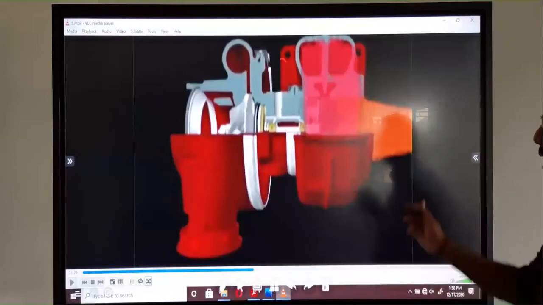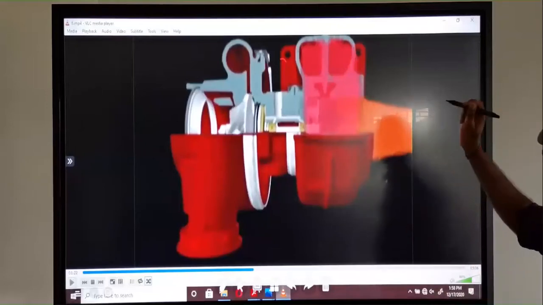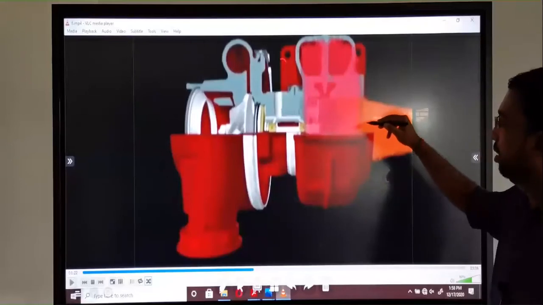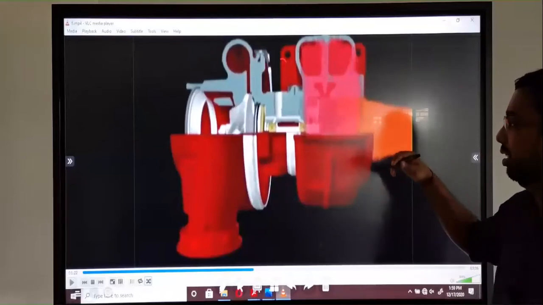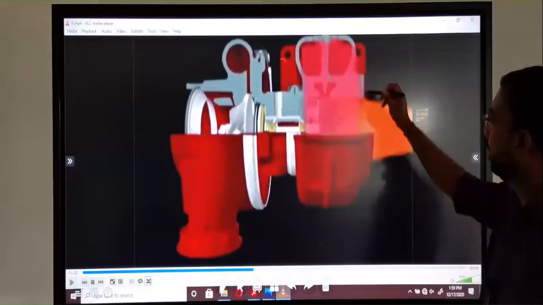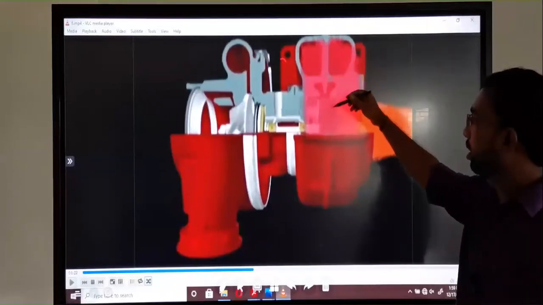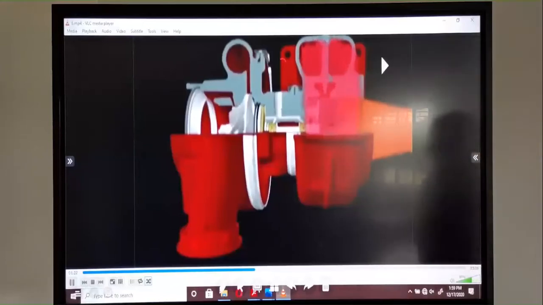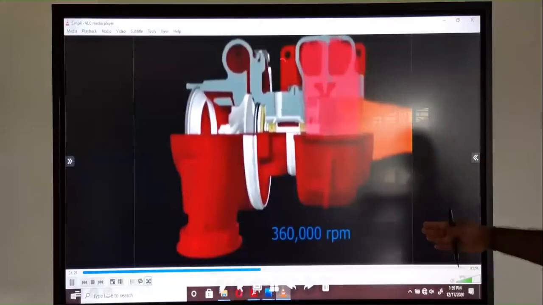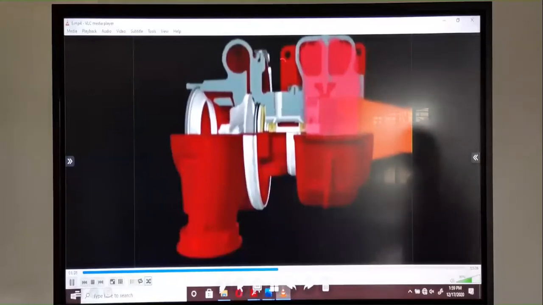Normally this wheel is rotating, but during the exhaust process we need this wheel rotation. Normally the wheel is not connected with any pulley or something. So when this exhaust air comes like this, the wheels rotate at high speed. This normally rotates at 360,000 RPM. So then what will happen?